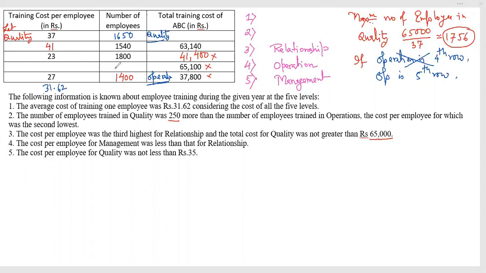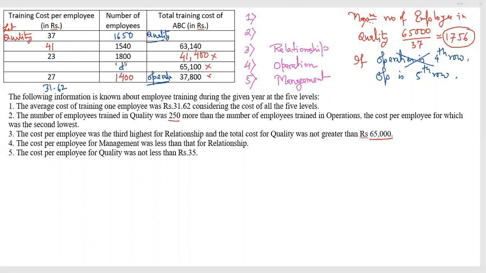Whatever the variable, if I take it as D, the total average 31.62 is 37 into that plus 41 into that, divided by the total number. In this way, we can make the calculations and finally get the D value.